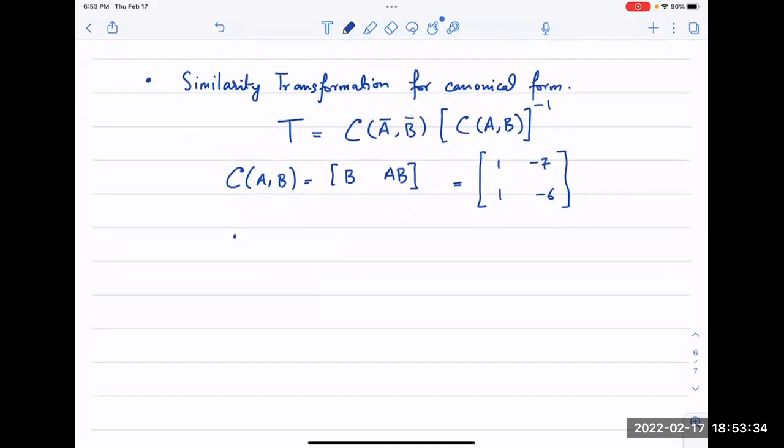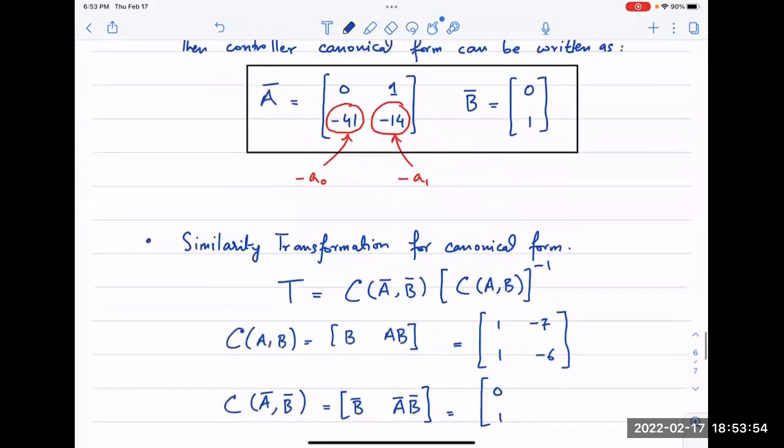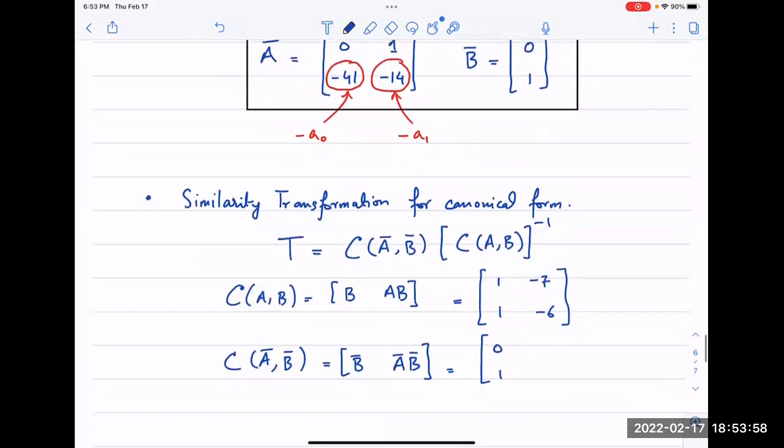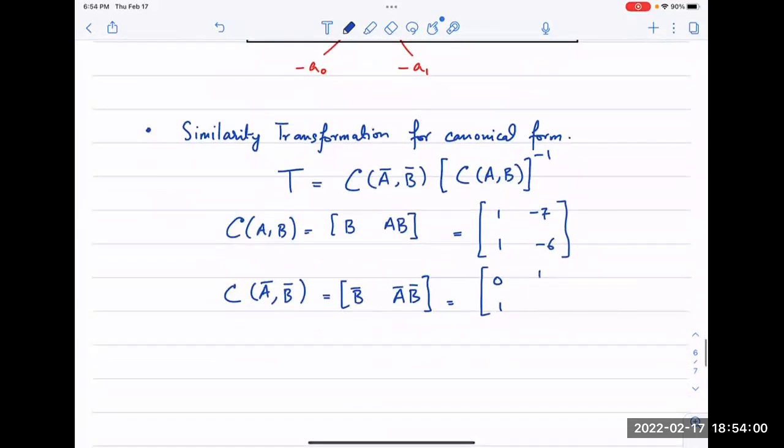Now let's look at C(A bar, B bar). Again, it will be B bar and A bar B bar. It's also simple because B bar is 0 and 1. And if you multiply these two, then you get 1 and -14.